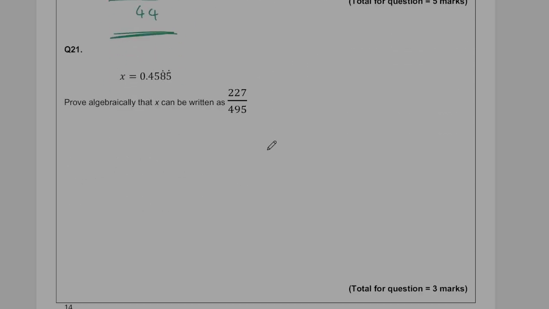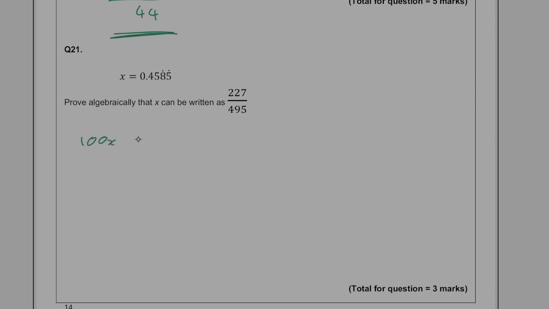Question 21, prove algebraically that x can be written as a fraction. Okay, so again, a bit like before, we've already got x there, so I'm going to times by 100 to start with and say that 100x is going to be equal to 45.8585.